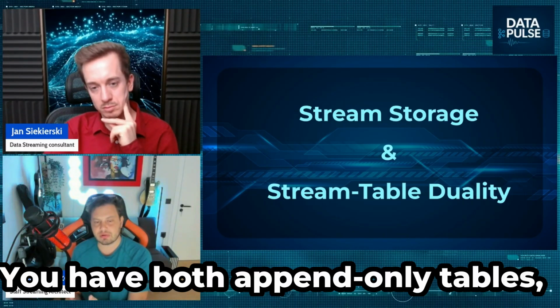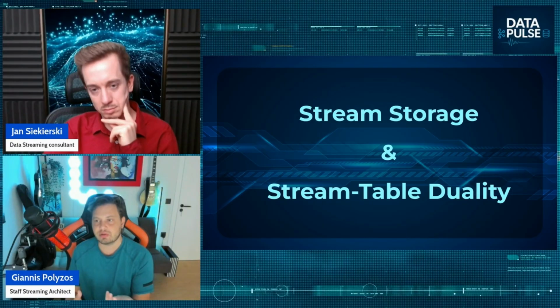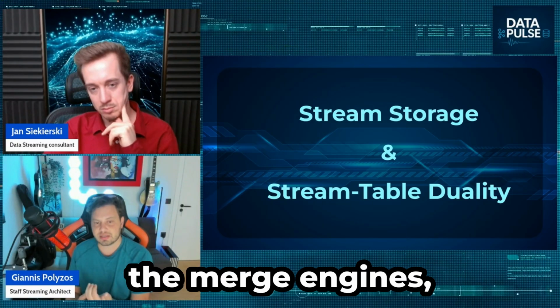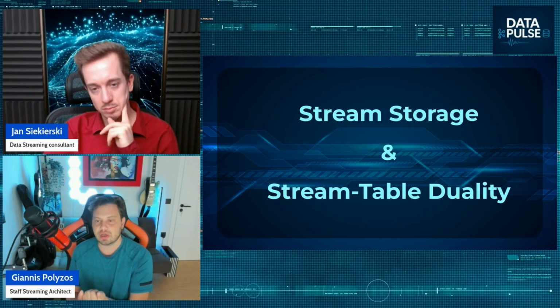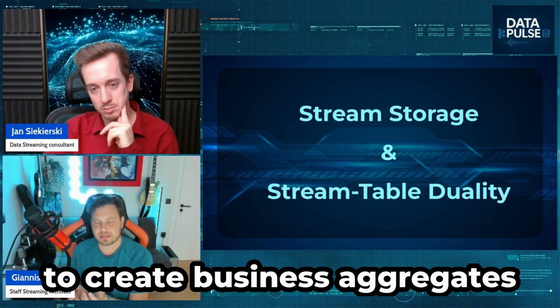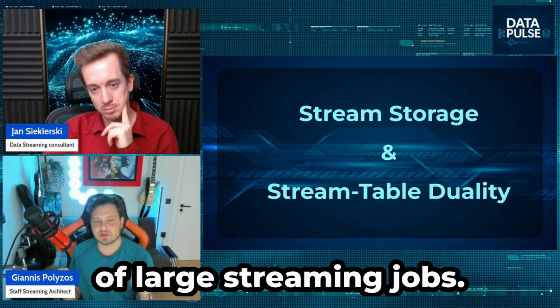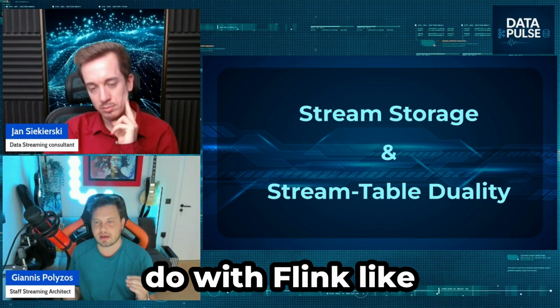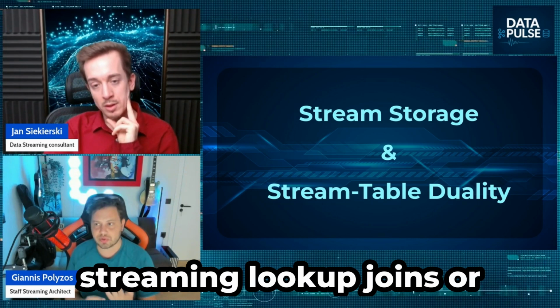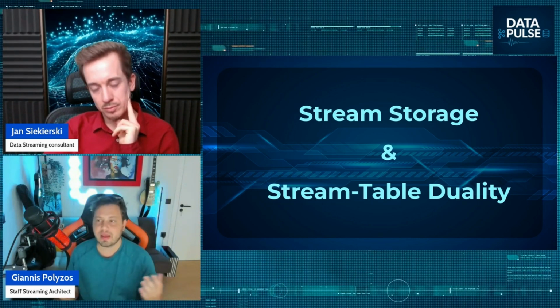You have both append-only tables and primary key tables to deal with upserts. You have the merge engines, which you can use out of the box to create business aggregates in a streaming way, and things that reduce the complexity of large streaming joins you would have to do with Flink, like streaming lookup joins or partial updates, and many other things.